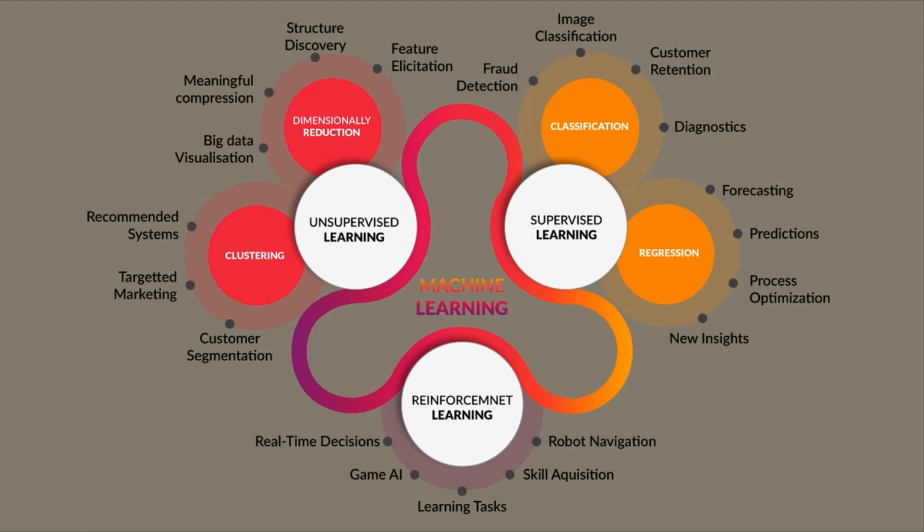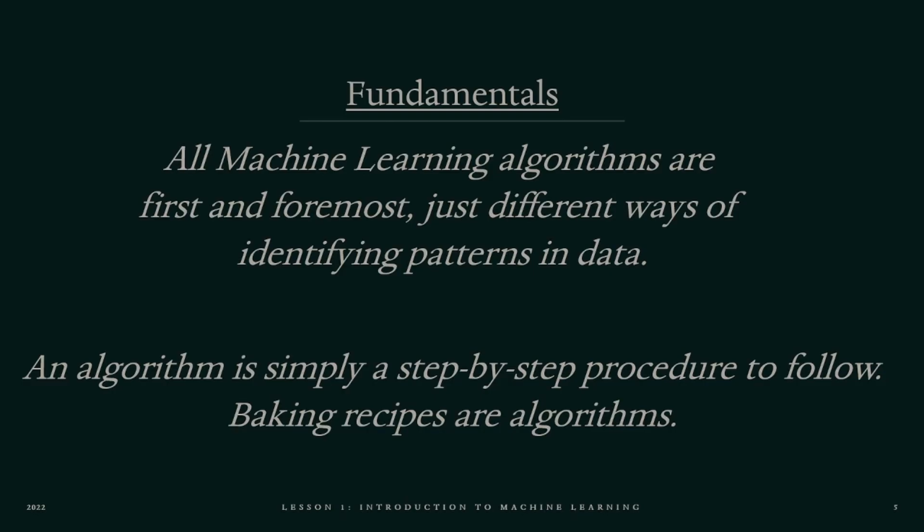We can teach it to learn through unsupervised means, like clustering or dimensionality reduction, or through supervised learning, such as classification or regression. And these are all different categories of algorithms. Let me go to the next page.